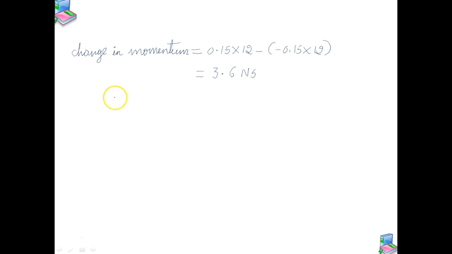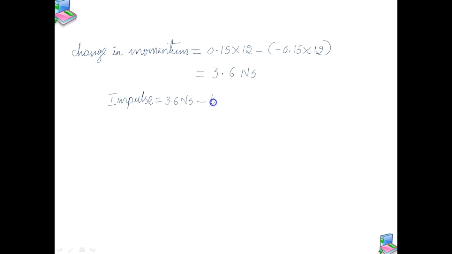So we can write the impulse as 3.6 newton second in the direction from the batsman to the bowler.